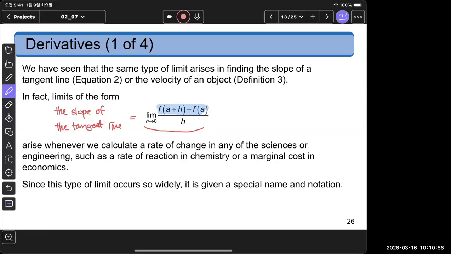You are evaluating your function at a and a plus h, and this h represents the difference between those two points in the domain x.